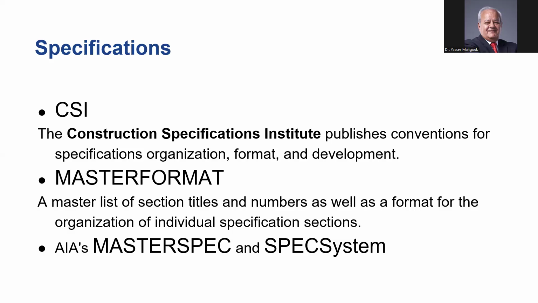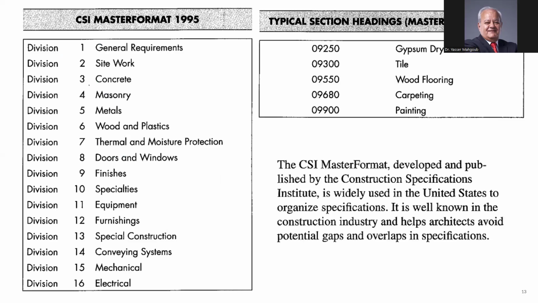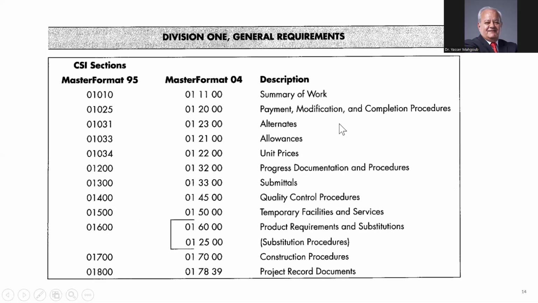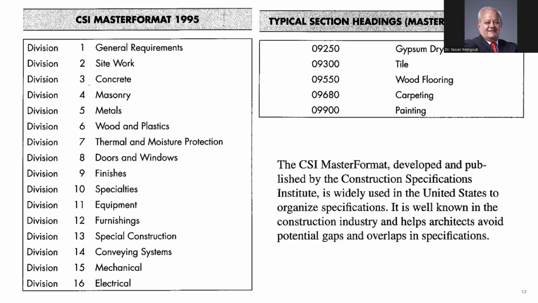You have to remember this term very clearly, the CSI. This is what the specifications are following. So what is the CSI? The CSI was dividing the work into 16 divisions.